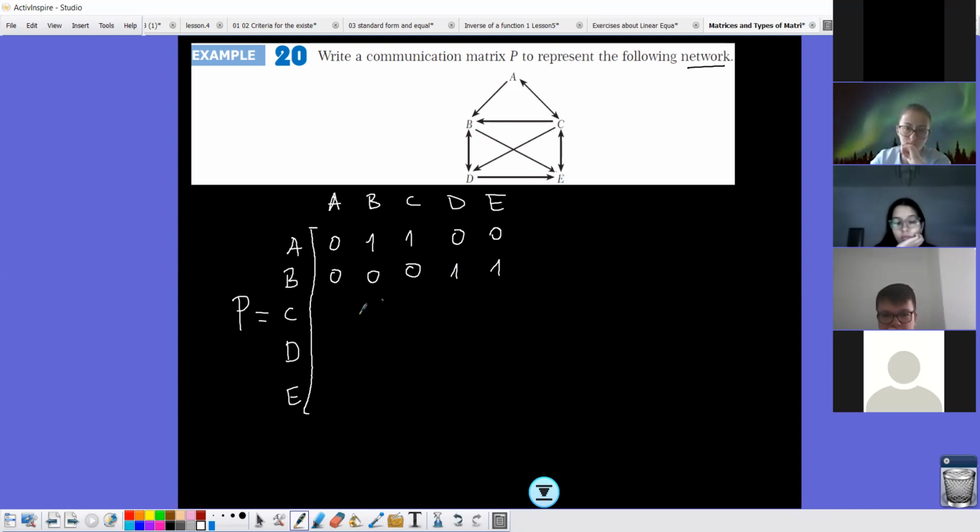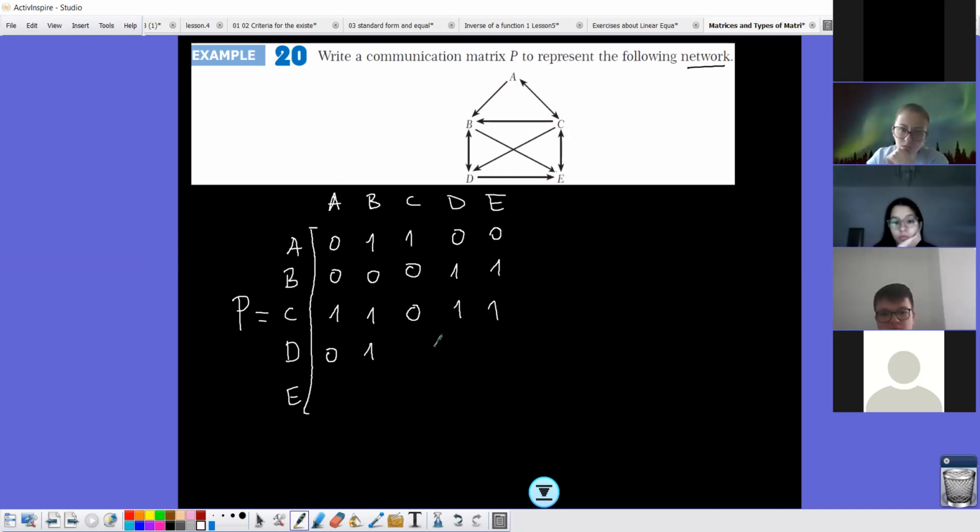What will be this one here? From C to A, 1. From C to B, 1, then 0, 0, 0. And 1. Now this one? 0, 0, 1, and 1.